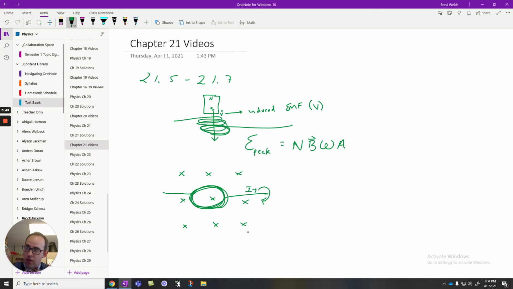That induced current depends on how many loops of wire we're talking about, how strong the magnetic field going into the board is, and omega, its rotational speed, which has to be measured in radians per second. How fast is this thing spinning? And then, of course, the area. The bigger this circle is, the better.